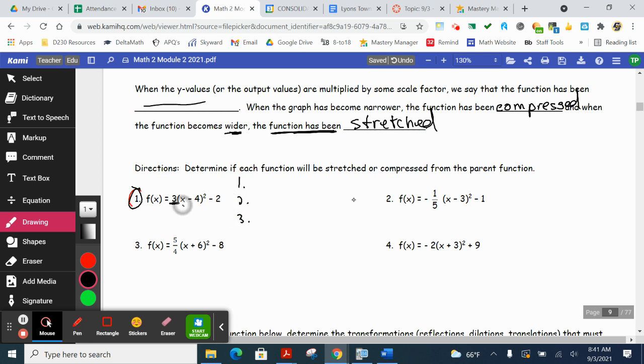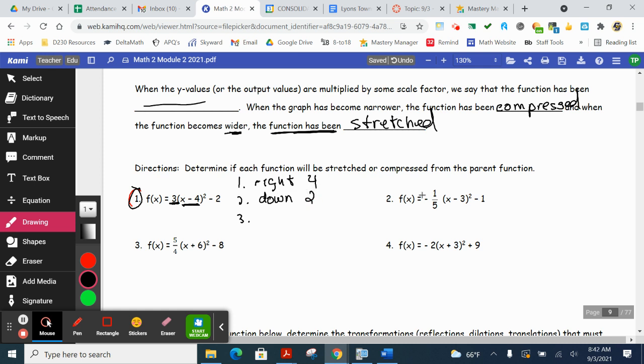So the first one, this is a little stuff I just wanted to see if we grasped after our notes yesterday. That's why I gave you that little quiz. If I look at this x minus 4, we would say that that got shifted right 4. If we look at the little minus 2, that means that we got shifted down 2.